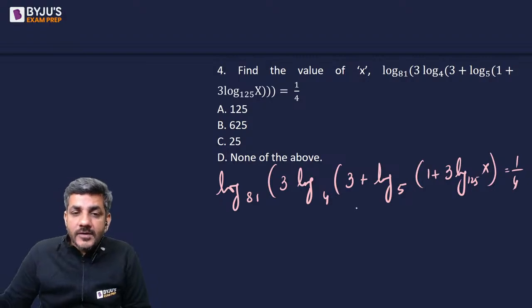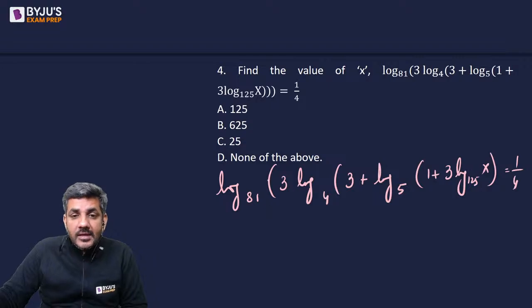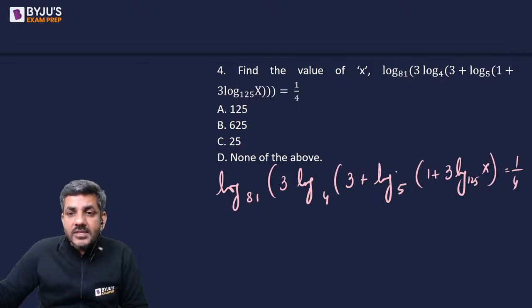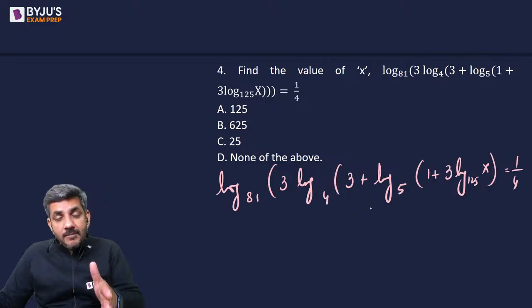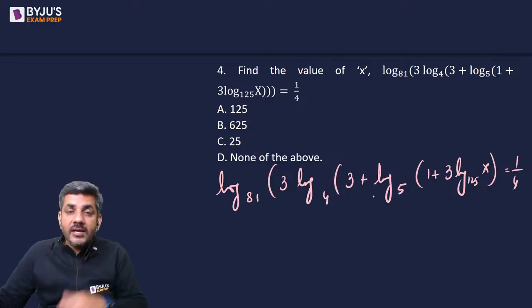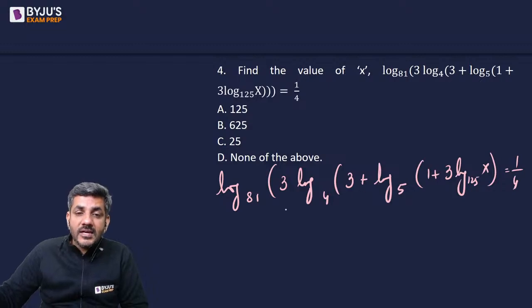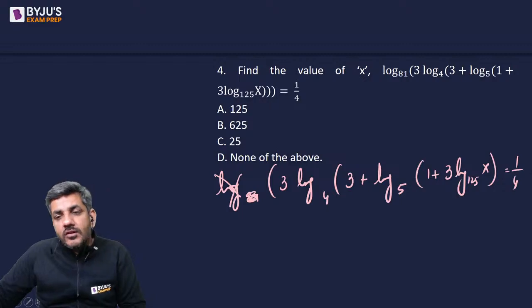Okay. So first of all, it says log to the base 81. Inside then I have thrice of something. It is equal to 1 by 4. So log of something is equal to 1 by 4. By the definition of log, can I say definition क्या कहती है? जब ये log यहां से हटाओगे, this 81 will move on the other side and become the power.